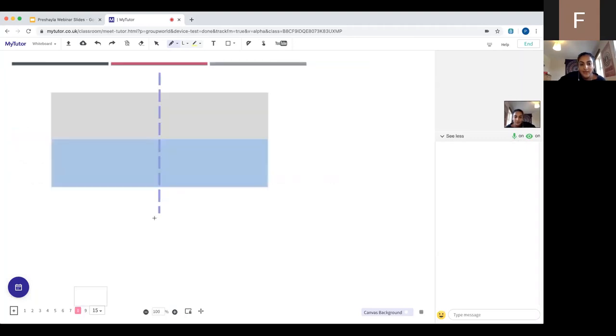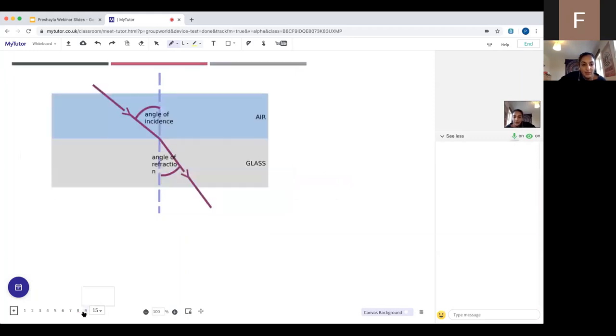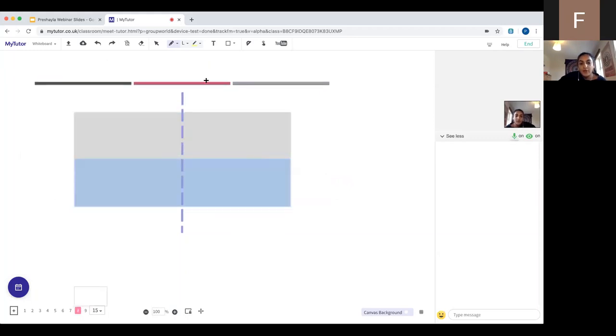Okay, so again, we're going to go through step by step a refraction ray diagram. So we're going to have an angle of incidence coming in, like so. So that's the incidence coming through there.